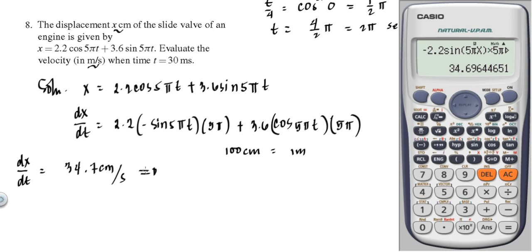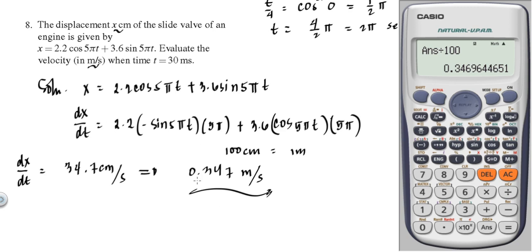Divide pala. Divide by 100. Para maging meter per second, let's divide this by 100. Equals 0.347 meter per second. There.